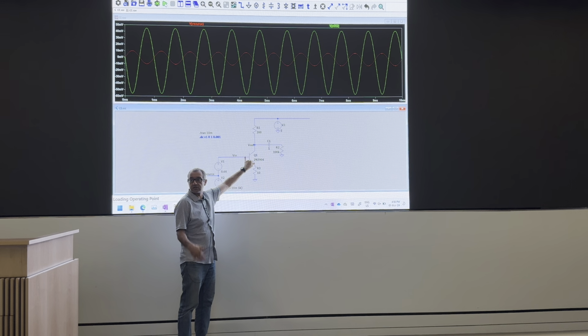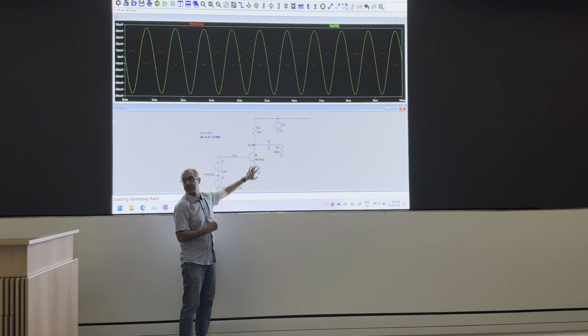But when you add this RE here, that V in is divided between your base emitter and RE, and some of it appears here. So it takes the signal away from your base emitter. This junction is now seeing a smaller signal, and therefore it behaves linearly. The rest of your signal appears here.